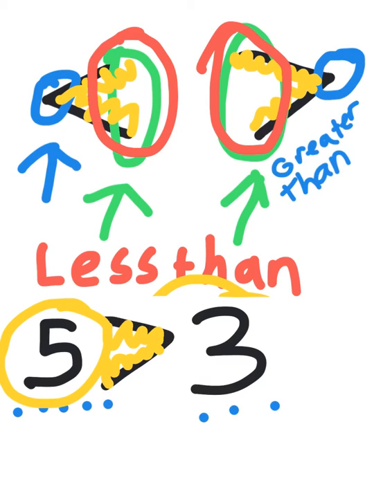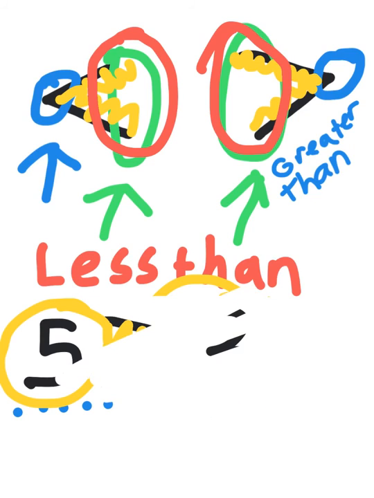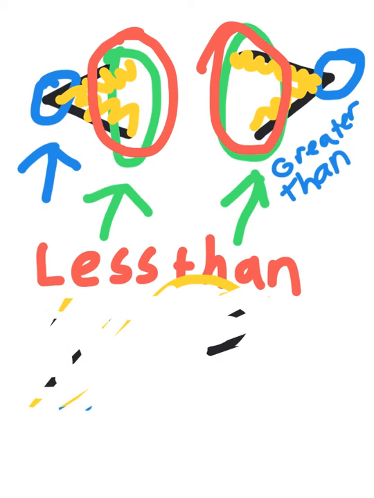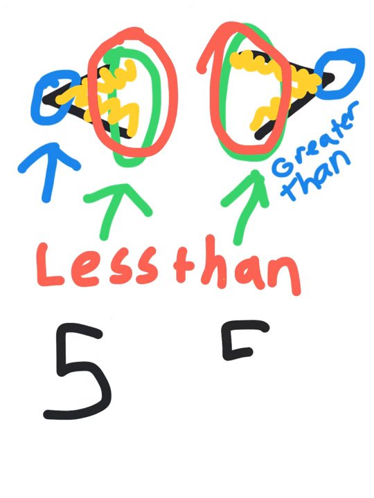Another thing that I want to touch on real quick before I wrap this up is sometimes the numbers will be the exact same. And when that happens, well, let me just show you. If we had the number 5 and the number 5, so we have 1, 2, 3, 4, 5 and 1, 2, 3, 4, 5.